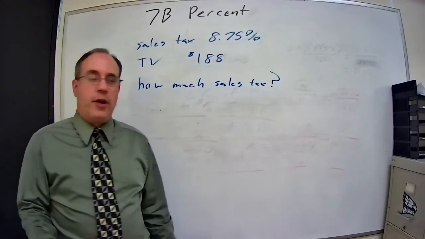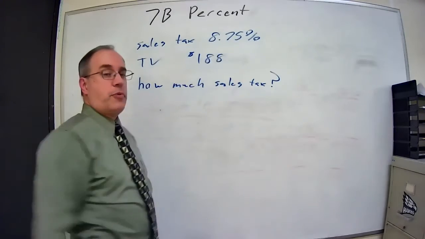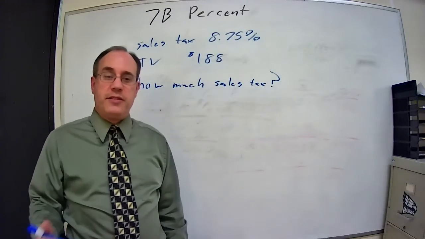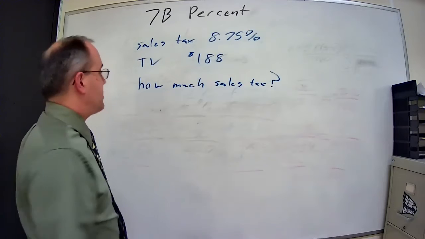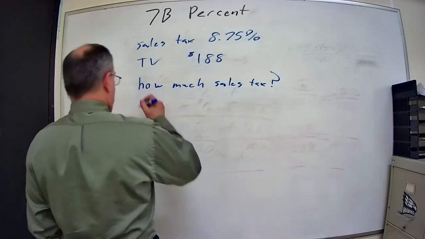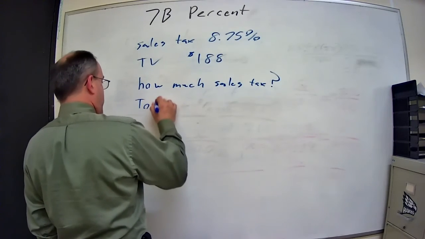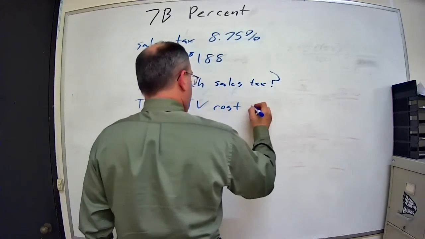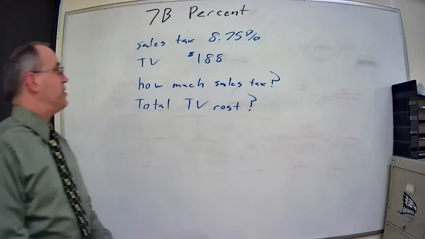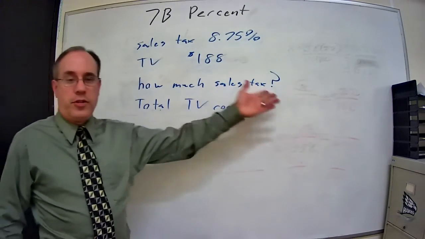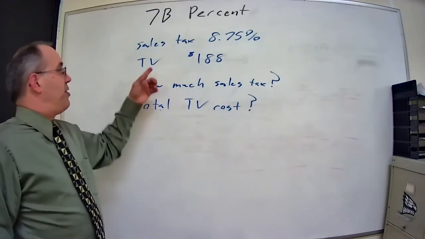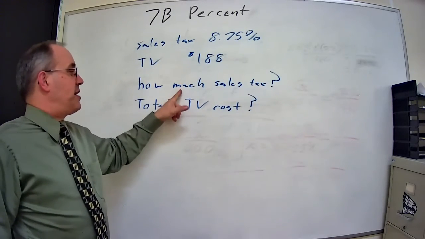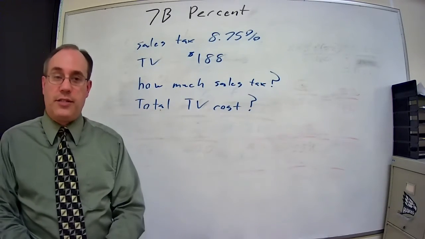And we're asking the dollar amount because we know we're going to pay 8.75%, but how much money will we pay in sales tax? And we can take that a step further and say, what is the total cost of the television? Right, because once we've found out how much the sales tax is going to be, the price of the TV plus that sales tax will give us the total cost.